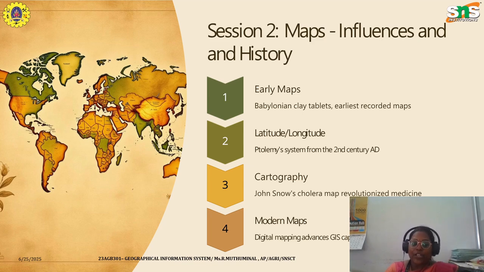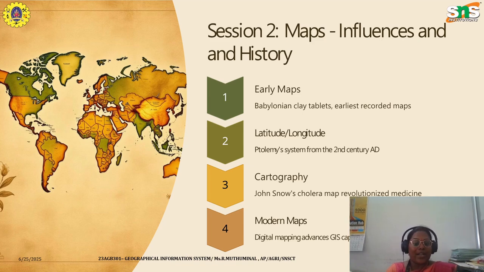Next, we incorporated the utilization of latitude and longitude. While studying in school, we learned to read the latitude and longitude of a location. This utilization came into existence with the Ptolemy system, from the 2nd century AD. The next one is cartography, where John Snow's cholera map revolutionized medicine.